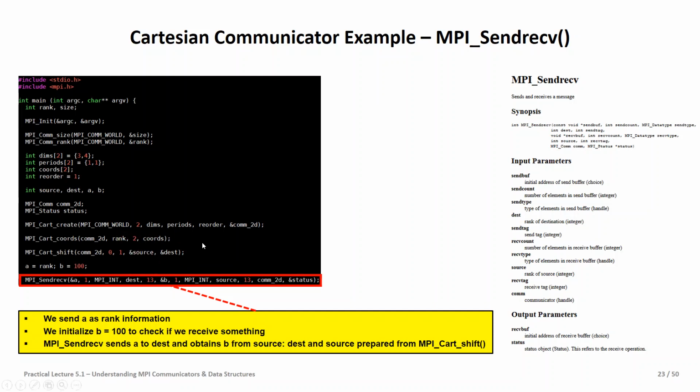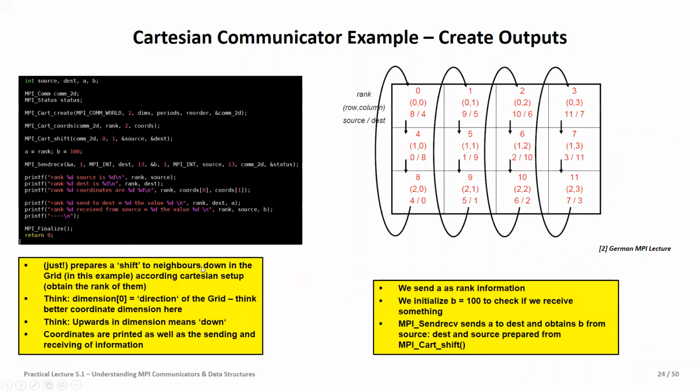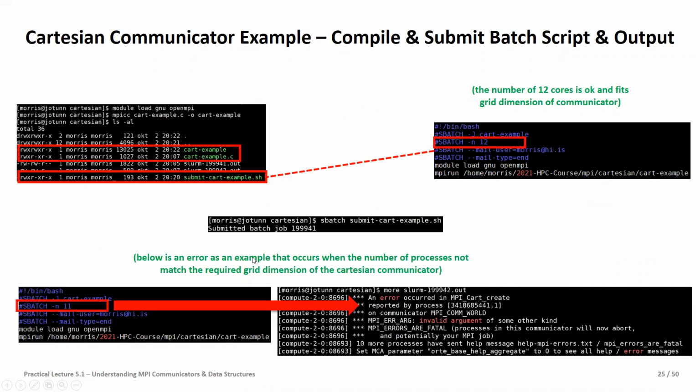And I think that's important to understand also for your assignment. Think about when you are in the Cartesian communicator example that the program is executed several times, but luckily every process in this Cartesian world will get its own Cartesian coordinate depending on the rank. And I think this is relatively straightforward, as I did here with the card example.